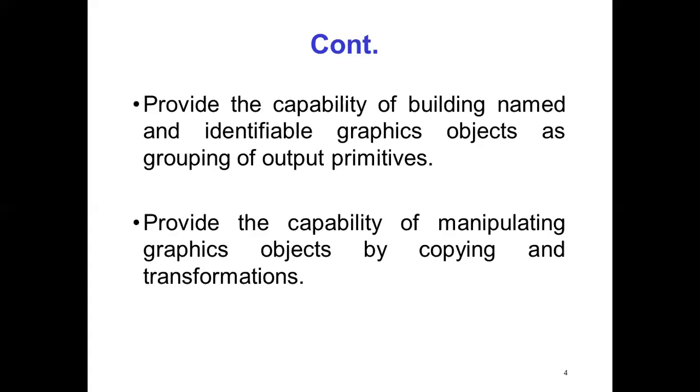Transformation means we change a point from one place to another. If we move our object from one place to another, that is called translation. Rotation is when we rotate our object around the origin or around the x-axis, y-axis or z-axis, whatever it may be, and this is called a rotation transformation.